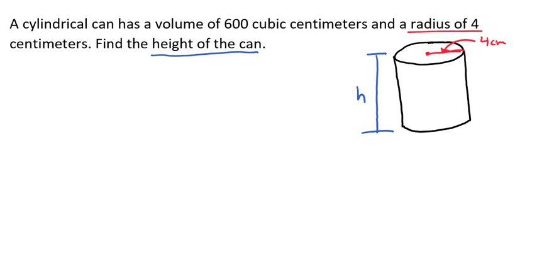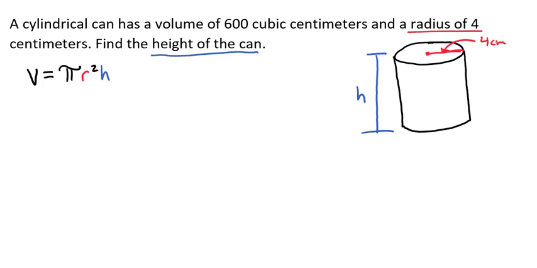But there is a formula for the volume of a cylinder, and that equation is volume equals pi r squared h, where r is our radius and h is our height.